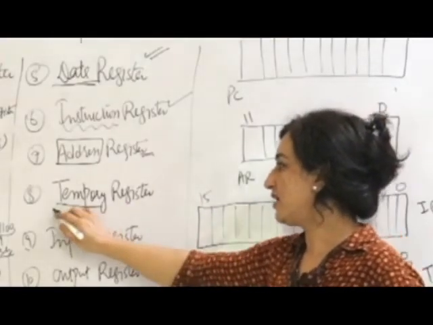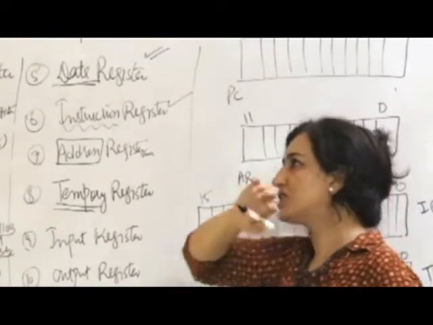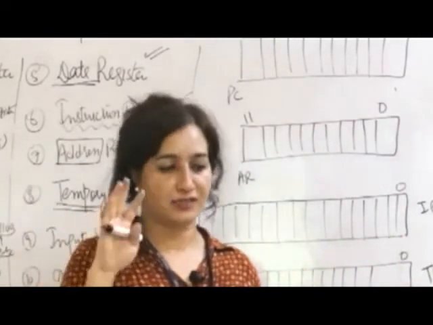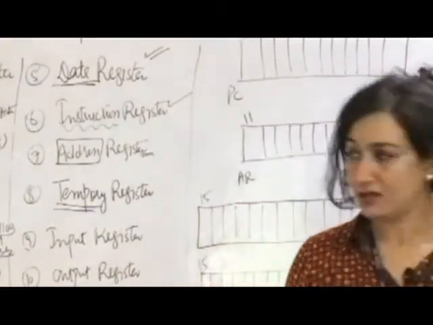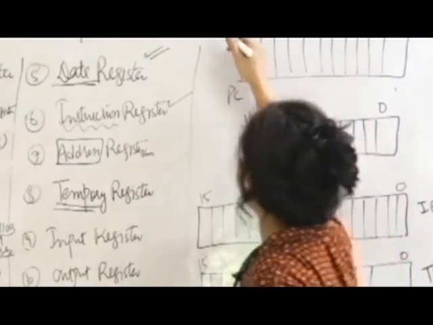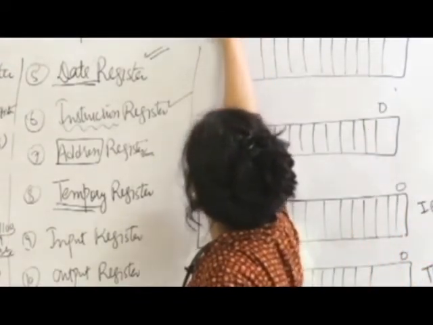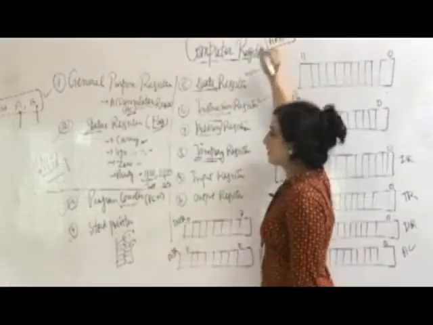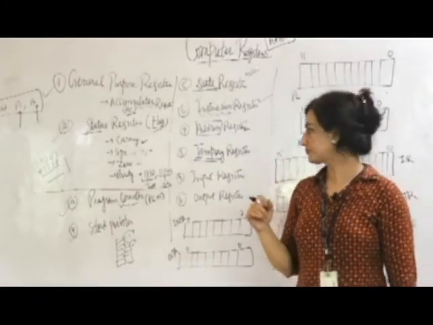Temporary register. The temporary register is basically used to hold a temporary value during execution. What do I mean by temporary register? Suppose I give an example: A star B plus C, right? This is an instruction.